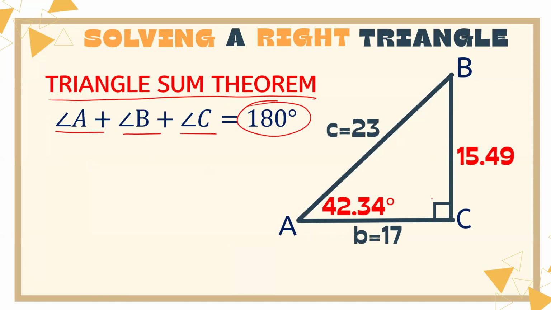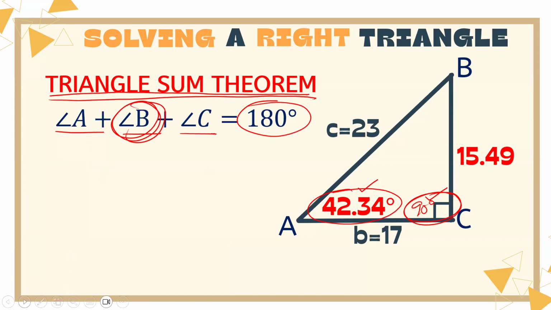Now, we have one of two angles on this right triangle. We solved 42.34 degrees together, and we know that this one is a right angle at 90 degrees. Therefore, we can solve the measure of angle B using the triangle sum theorem.